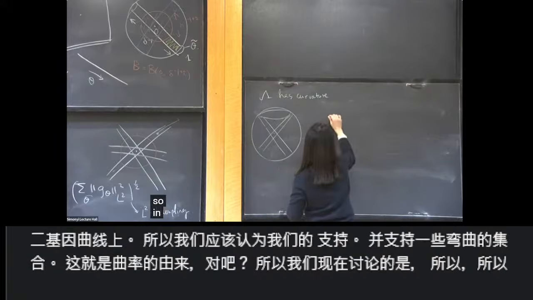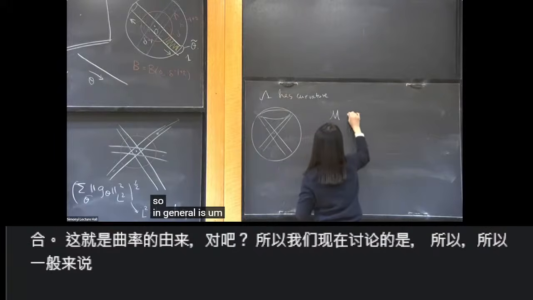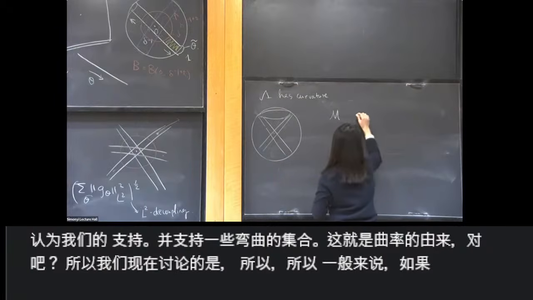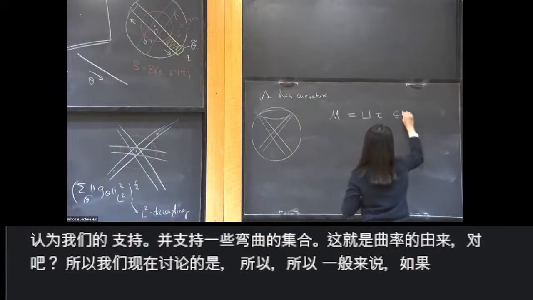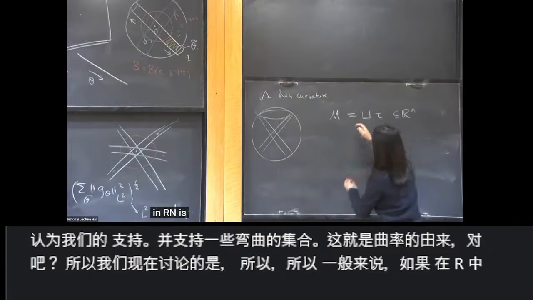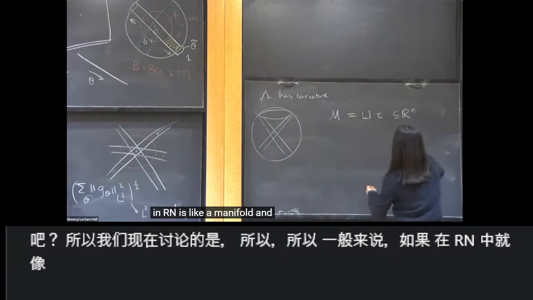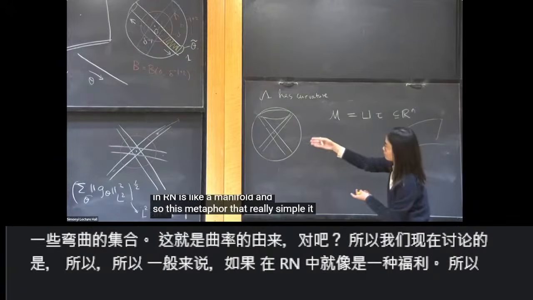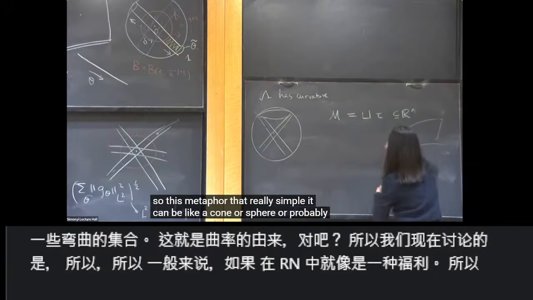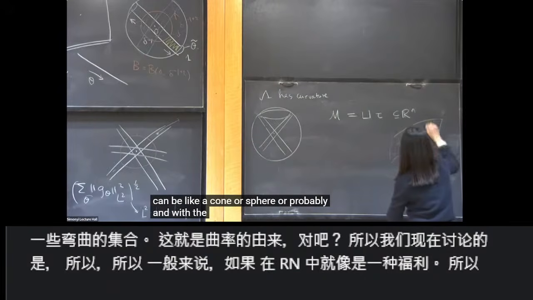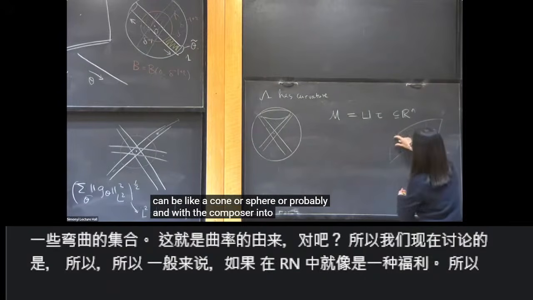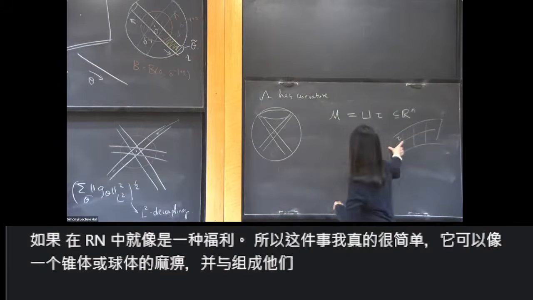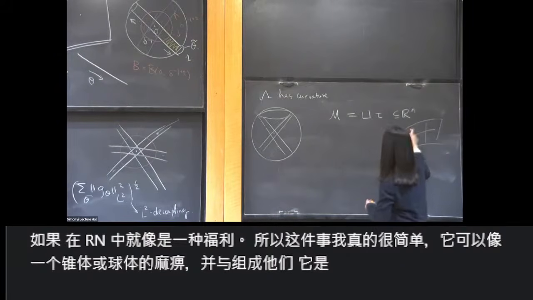So in general, if M is in R^n a manifold, and those manifolds are really simple, it can be like a cone or sphere or paraboloid, and we decompose it into a disjoint union of taus.